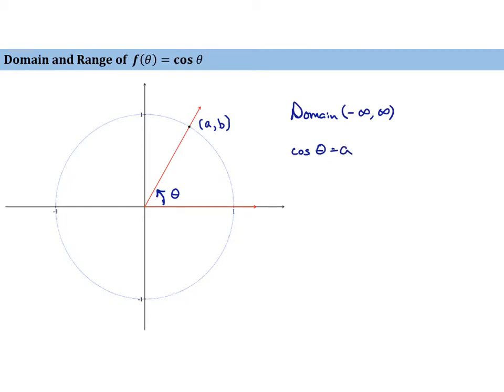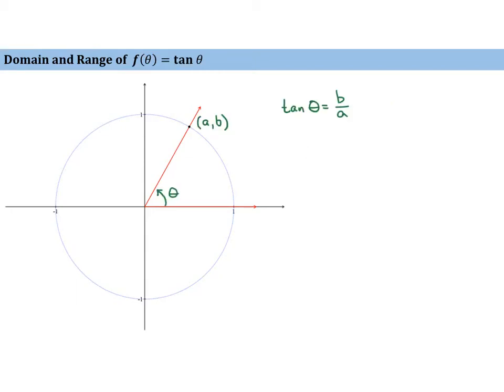So what are the values that a can take on? A is the horizontal coordinate of this point. You'll notice that the largest horizontal coordinate that A can be is 1. If we traverse the circle, here our horizontal coordinate is 0, and here our horizontal coordinate is -1. So that means the range of our cosine function is again -1 to 1 inclusive.